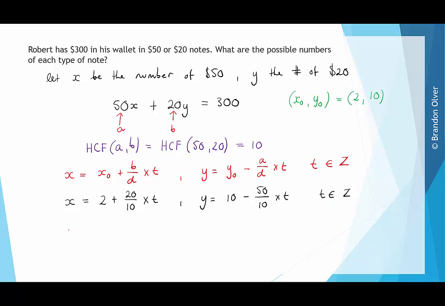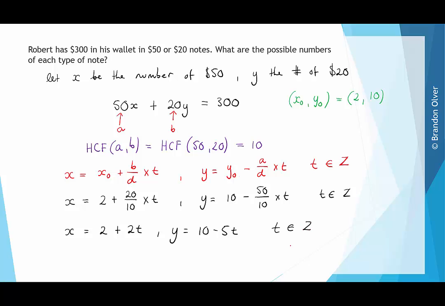Cleaning this up, we can simplify it down to x equals 2 plus 2t, y equals 10 minus 5t, and t is an element of the integer set.